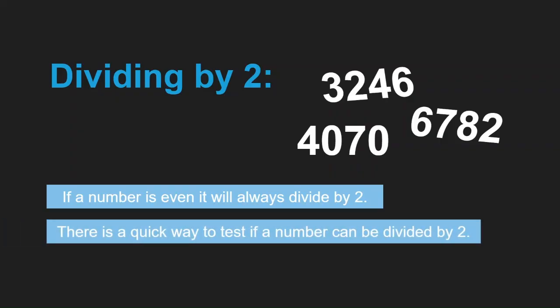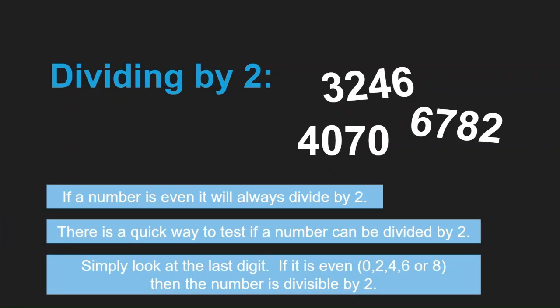And how do we know if a number is even? There's a quick way to know. Look at the last digit. If it's a 0, a 2, a 4, a 6, or an 8, then the number is divisible by 2. And we're excluding the number 0, so anything that ends in a 0 that's not 0 is divisible by 2. 10 is divisible by 2. 10 divided by 2 is 5. 50 is divisible by 2. 50 divided by 2 is 25.